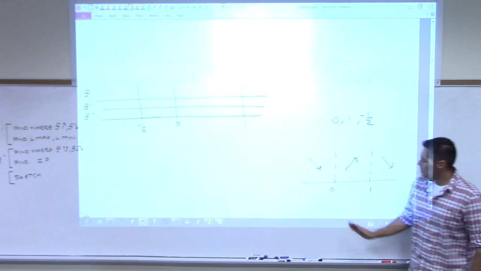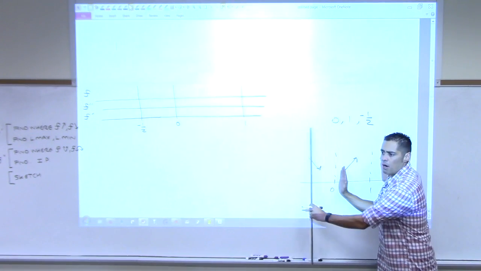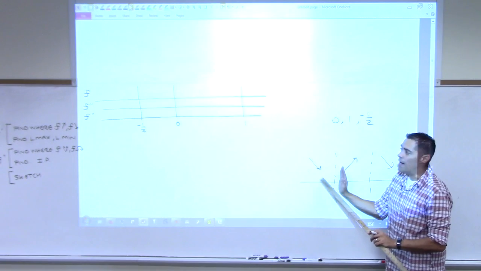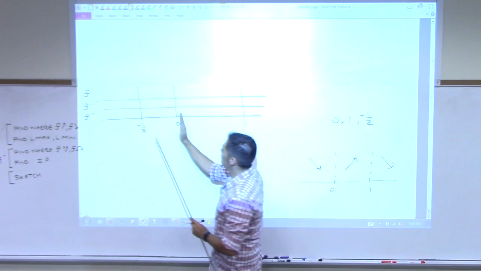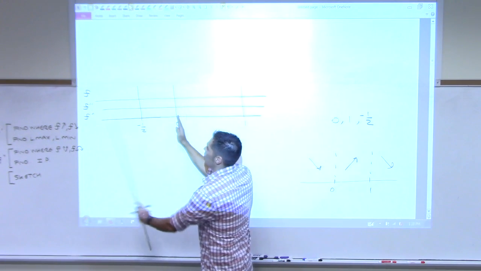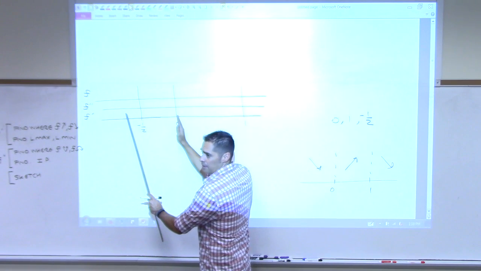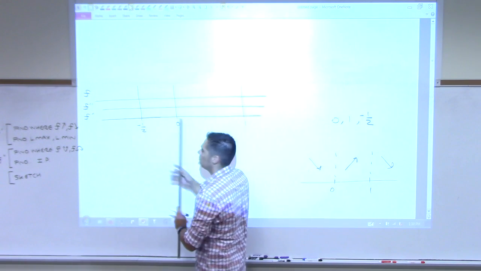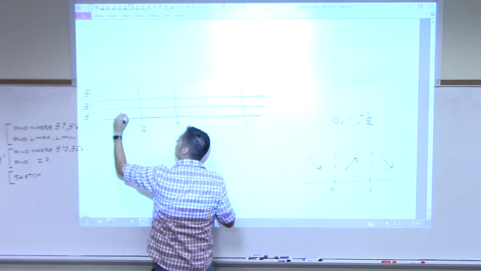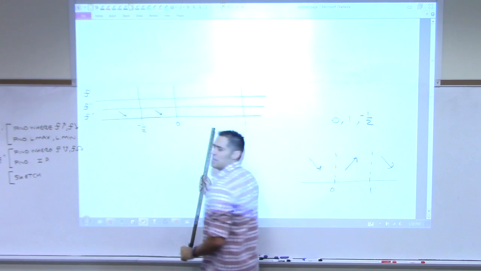So look at it. To the left of 0, our function is doing what? Down. So I come over here to 0, and to the left of 0, which is both this box and this box, I'm going down. So I'm going to put a little down arrow here, little down arrow here. Understand?